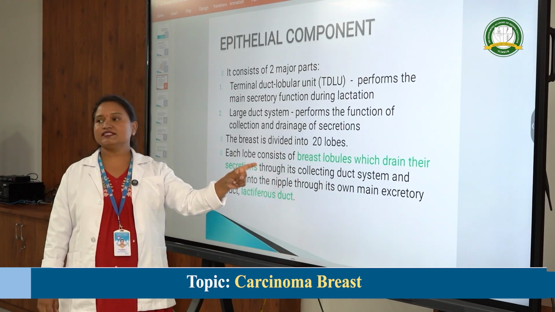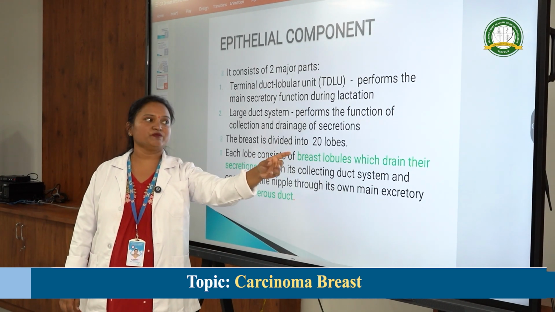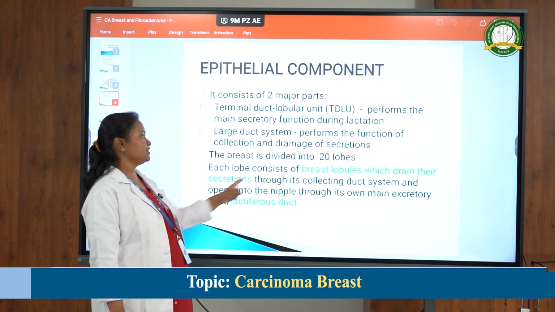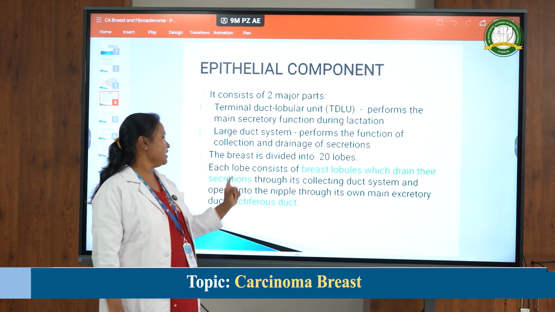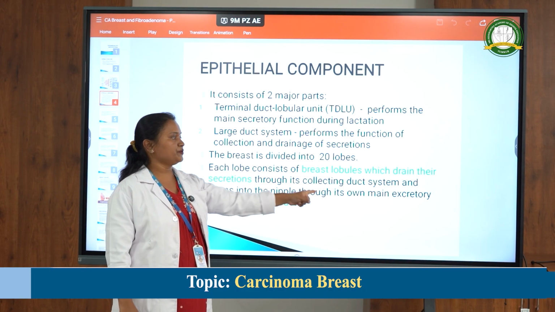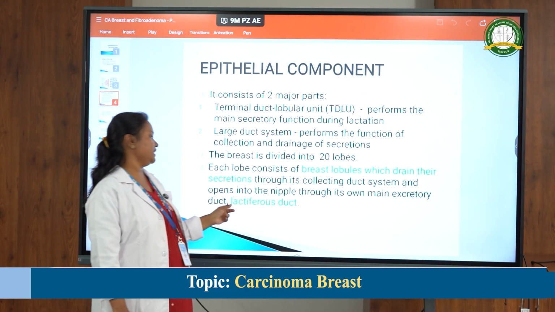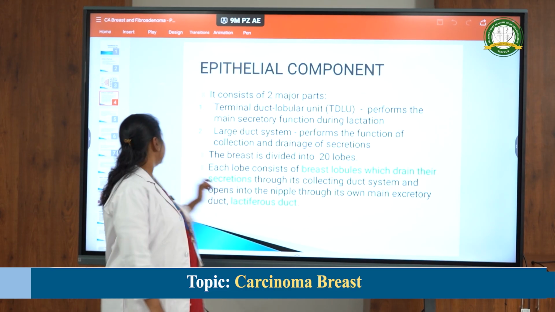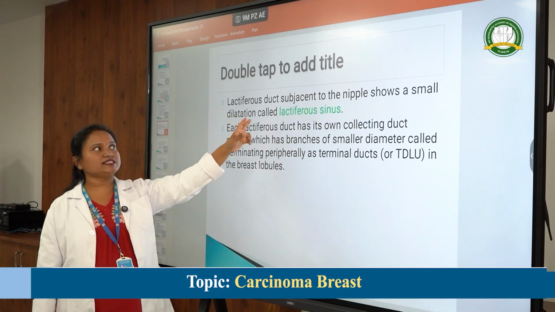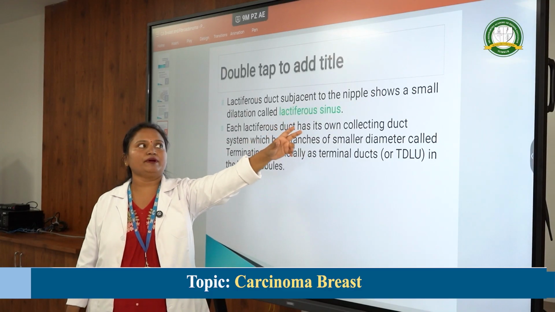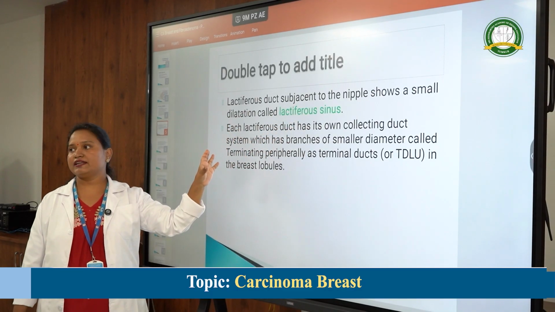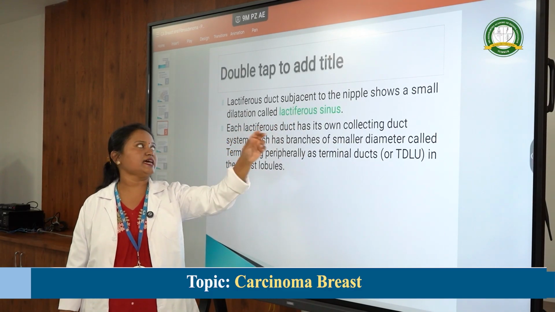These lobes consist of breast lobules which drain their secretion through the collecting duct system and open into the nipple through its own main excretory duct, that is the lactiferous duct. This lactiferous duct is subjacent to the nipple and shows a small dilatation called the lactiferous sinus.